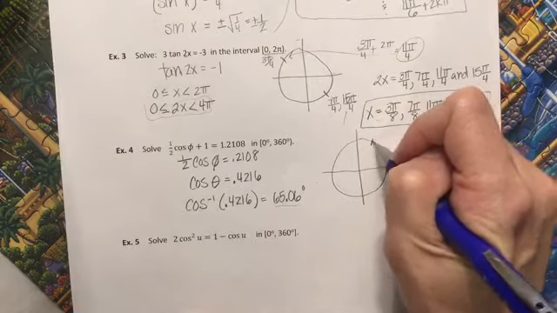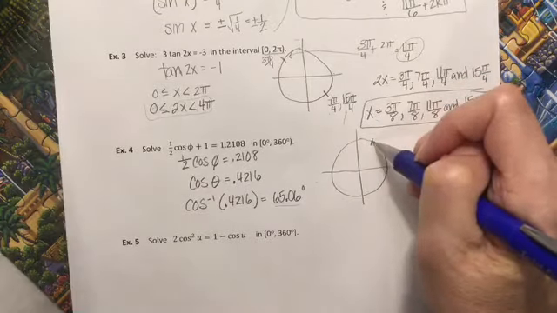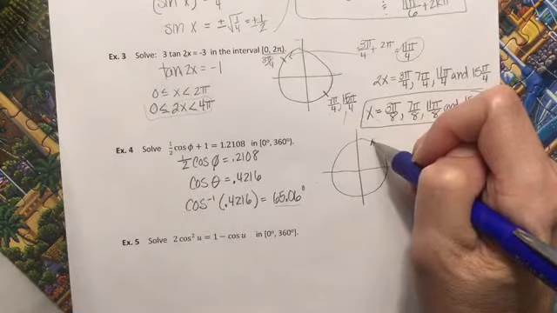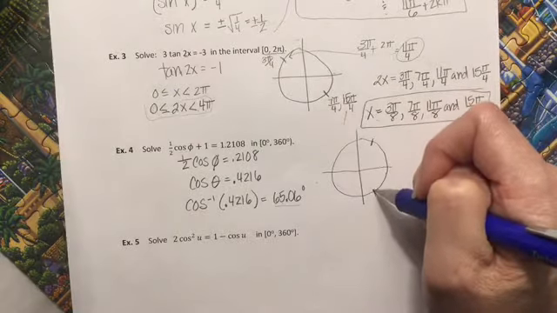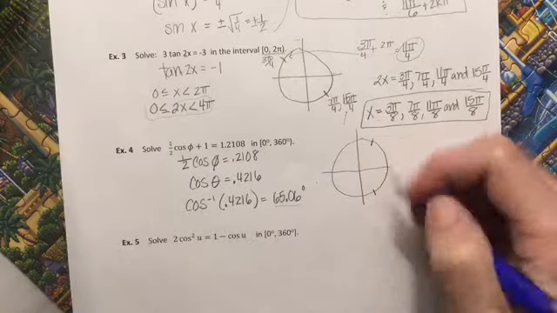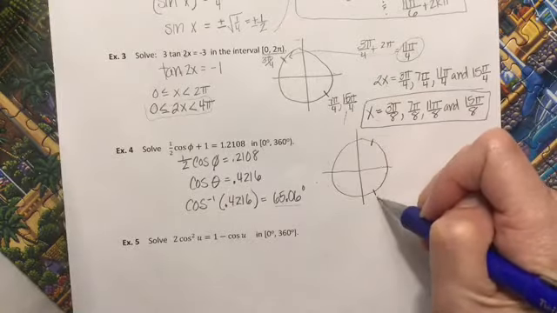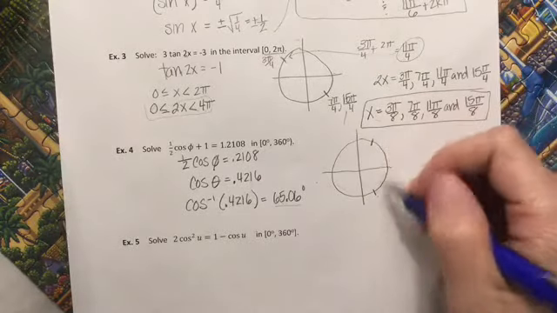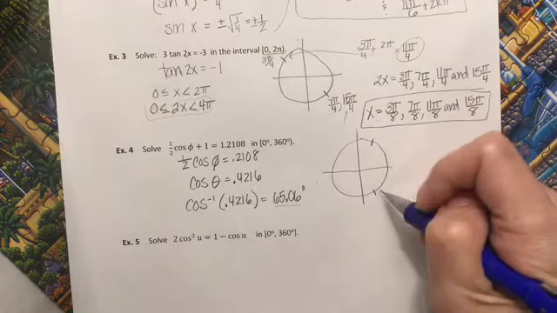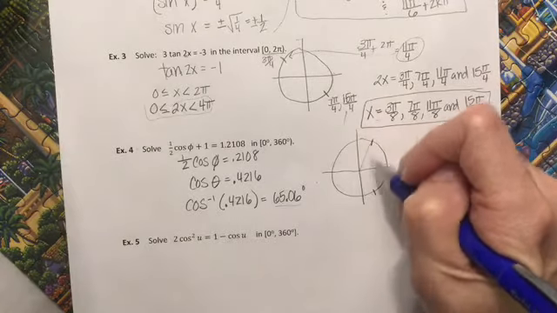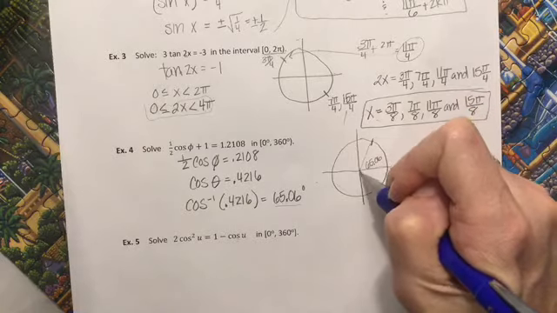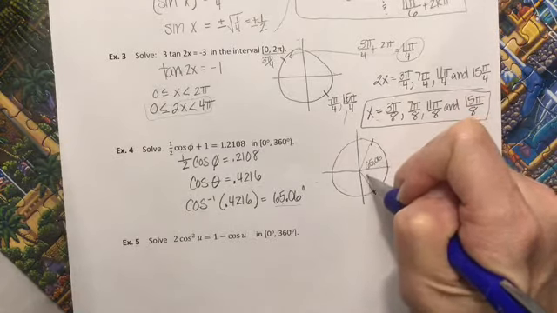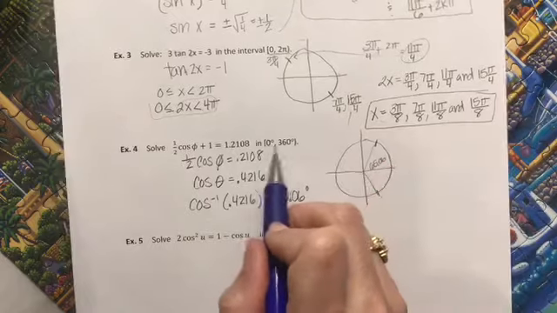Okay, so the cosine here is positive 65.06, but it's also the reflection down here. This is also going to have the same cosine. So in the first and fourth quadrants. Now we know that's 65.06. So what is this angle here? Well, we're not doing negatives because negative would be out of this interval.